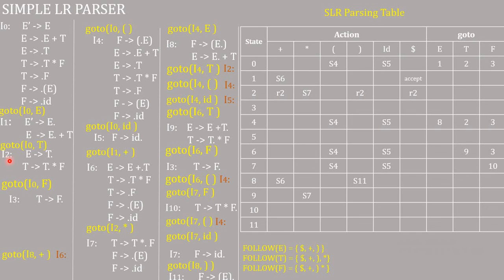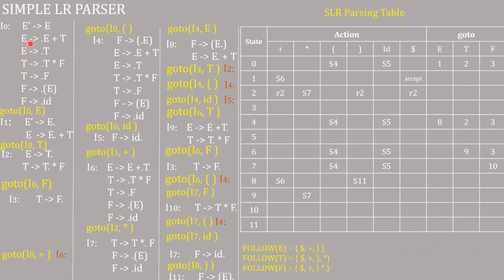In which columns we have to add the reduce operation, we have to compute the follow of E. Follow of E is nothing but dollar, plus, and open bracket. So in dollar, plus, and open bracket, we have to apply the reduce operation. R2 refers to reducing by using the production rule E tends to T.